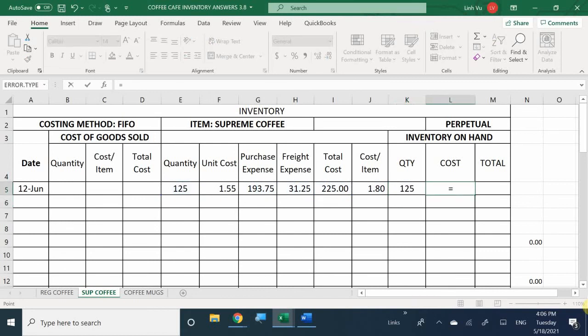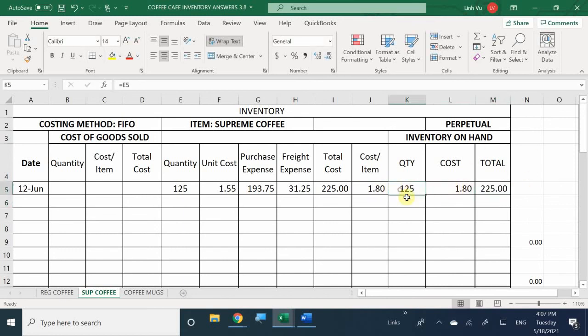I have 125 at $1.80, and the formula is going to be on your total side, because this is where we can make changes to the quantity and it will readjust accordingly. If I sold 25 pounds, I'd have 100 left, and it will automatically calculate my total account balance. So I still have 125 at $1.80, which gives me a grand total of $225 worth of inventory.